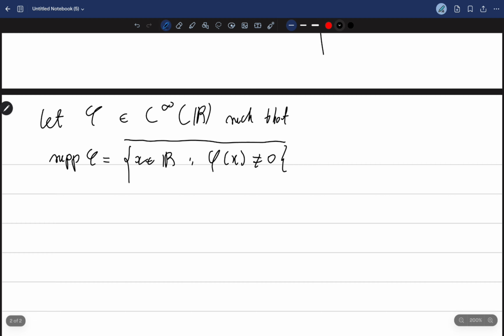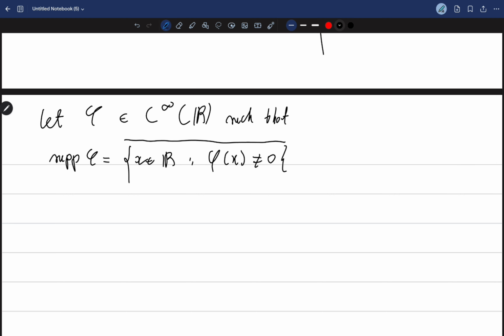So using integration by parts, we will generalize the derivative. Let phi be an infinitely differentiable function such that the support of the function phi is defined by all of the points x such that phi of x is different than 0, and then we take all of the limit points.